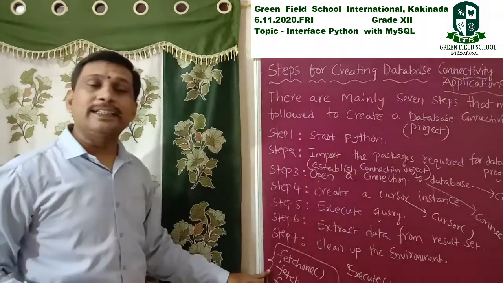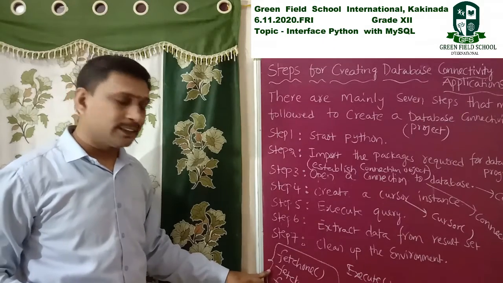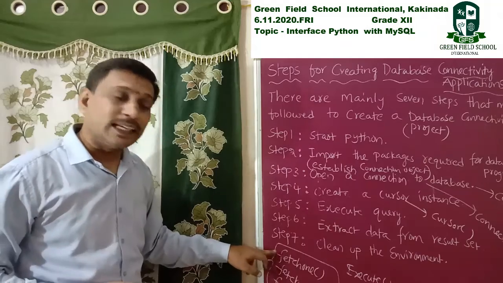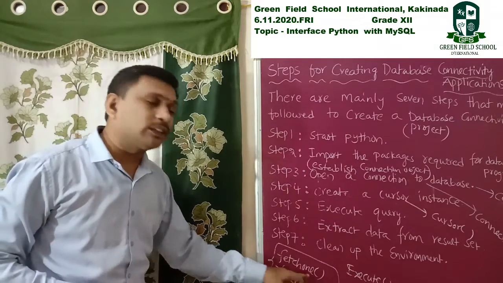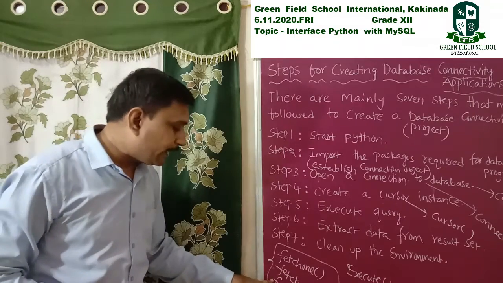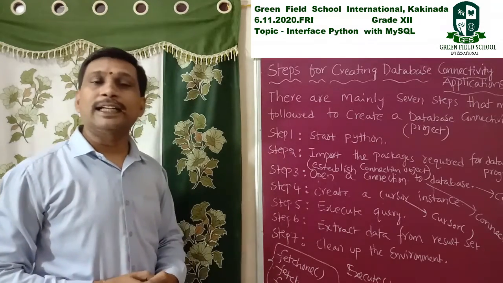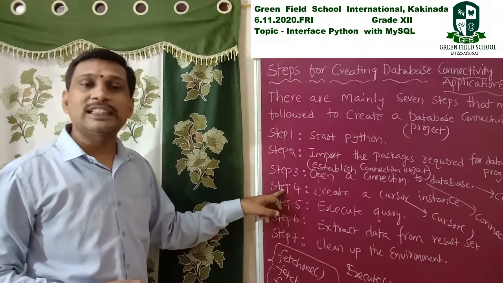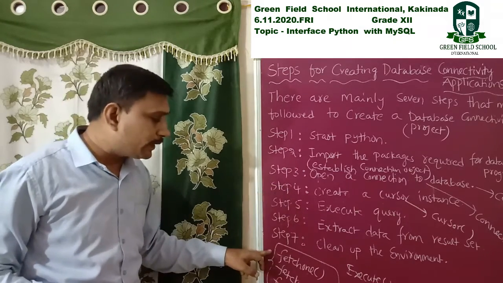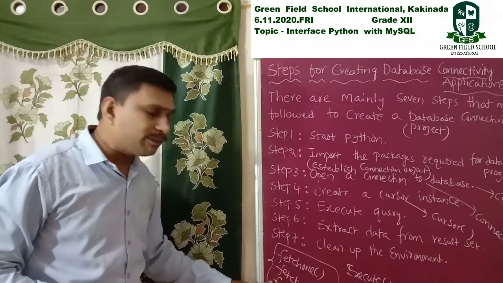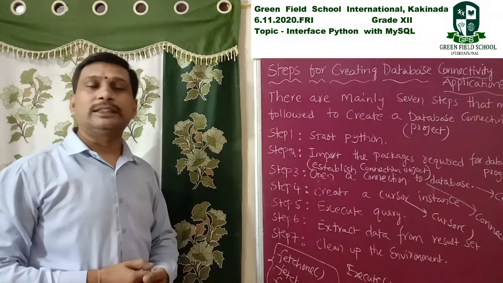How to extract data from this cursor instance? By using these three methods. Here we use cursor name dot fetchone, cursor name dot fetchall, cursor name dot fetchmany. Cursor name means the cursor we already created in step 4. Cursor object dot fetchone, cursor object dot fetchall, cursor object dot fetchmany.